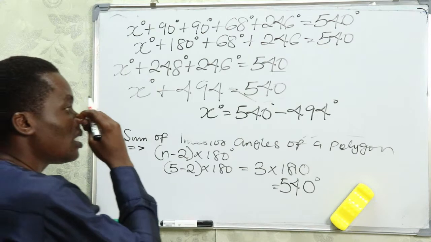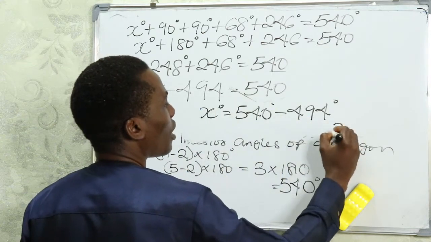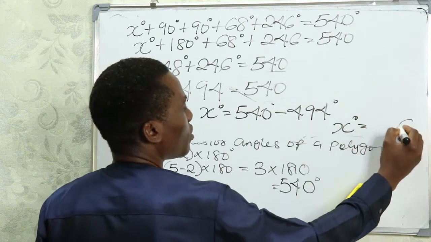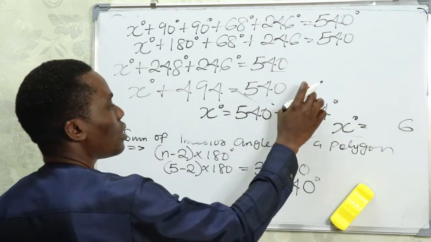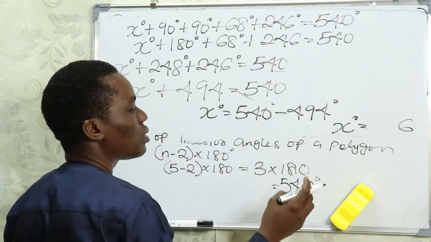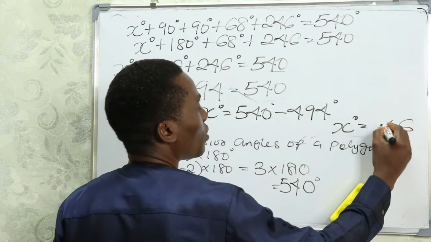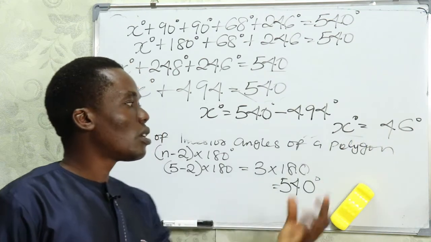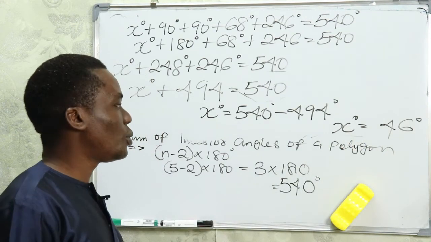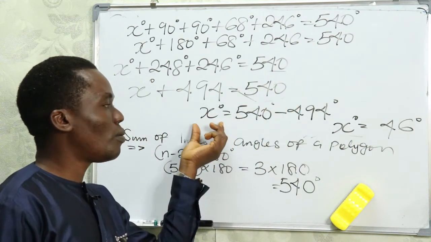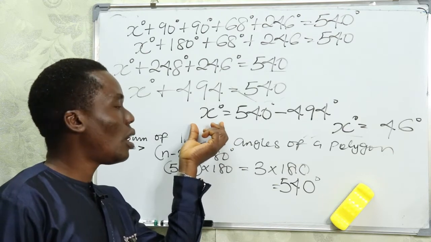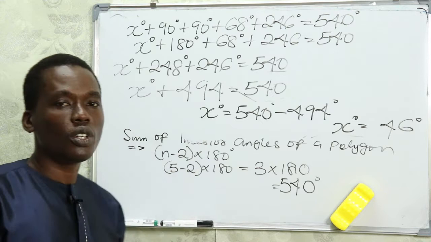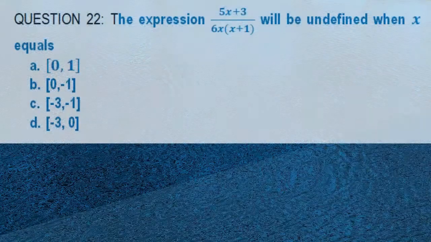If you subtract this minus this, x degrees will be equal to 46 degrees. So x is going to be 46 degrees, and that is the value of the angle x. You get that? Now let's look at question number 22.